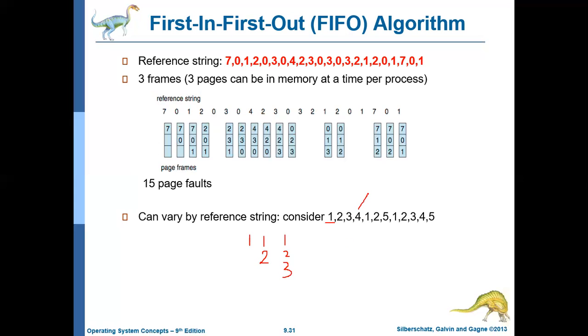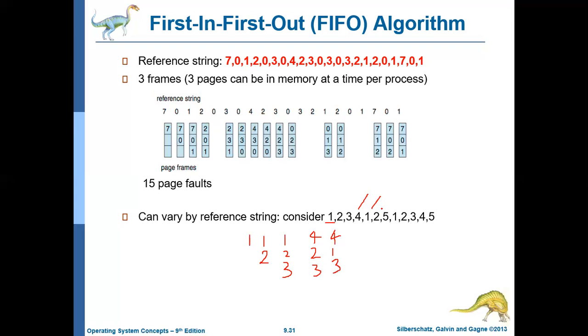Next is 4, which will create a page fault. Now all 3 locations are filled, so 4 should replace 1, because 1 is the one which came first, so it will become 4 2 3. Next 1 is not in the memory, so 1 will replace 2, so it will become 4 1 3.